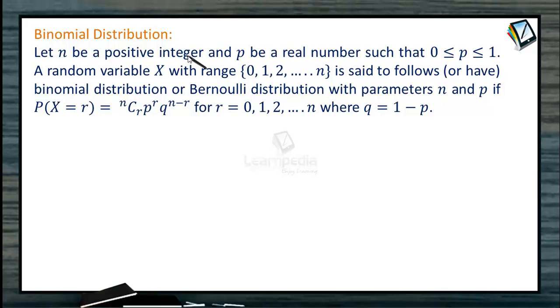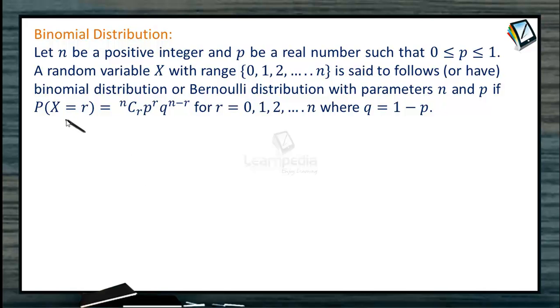Let n be a positive integer and p be a real number such that p lies between 0 and 1. A random variable X with range 0, 1, 2, and so on up to n is said to have a binomial distribution, also known as the Bernoulli distribution, with parameters n and p if the probability of X equal to r is nCr into p to the power of r into q to the power of n minus r.